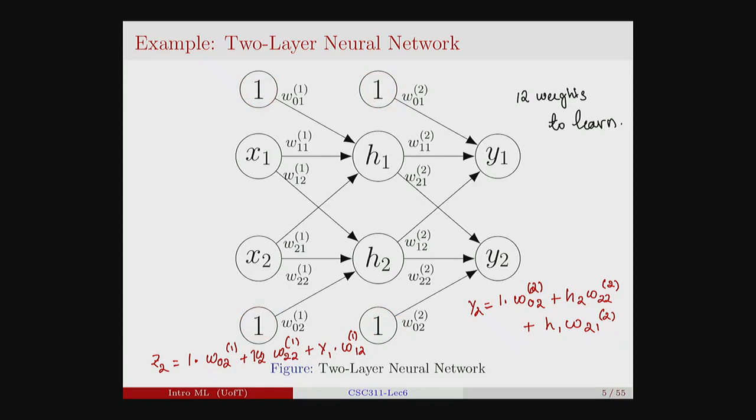To compute the hidden neuron h1, we're going to take this weight and multiply it by the number 1 to represent the bias. We're going to add to it the product of x1 times w111. And we're going to repeat the same thing to multiply x2 with w211.